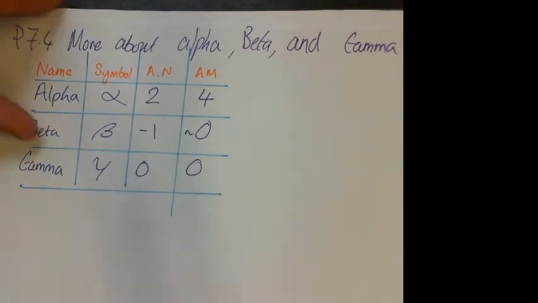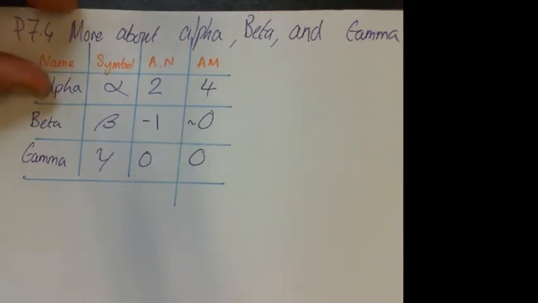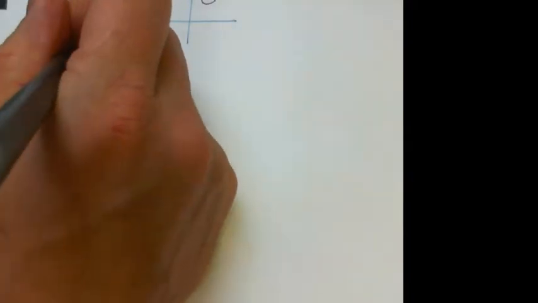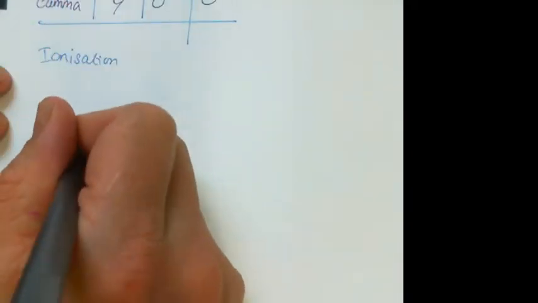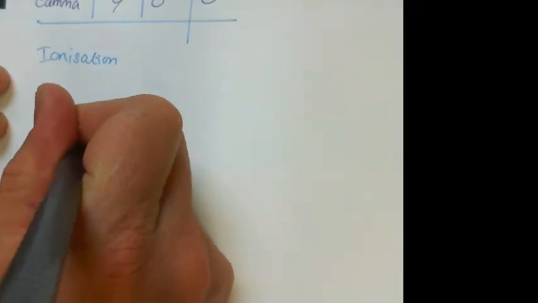Okay, so the next thing we're going to talk about is ionization. Ionization is, let's say you've got an atom here, it's nice and happy, and it's got an electron in orbit here.